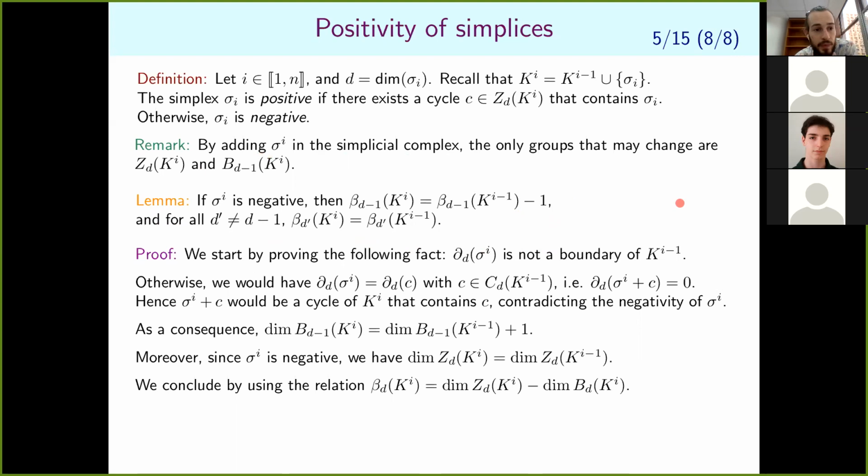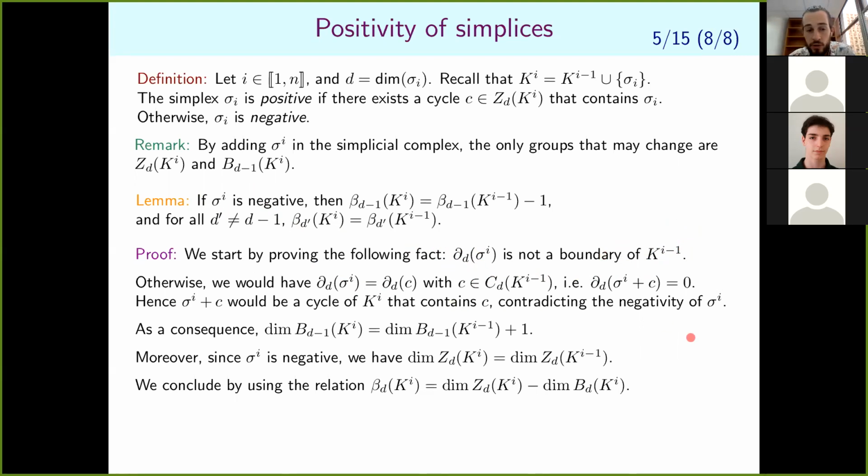A proof. Same, we start by proving an intermediate fact. If my simplex is negative, then its boundary is not a boundary of K I minus 1. I consider its boundary: sigma I is of dimension d, its boundary is of dimension d minus 1, and I will prove that this is a new boundary in K I minus 1.